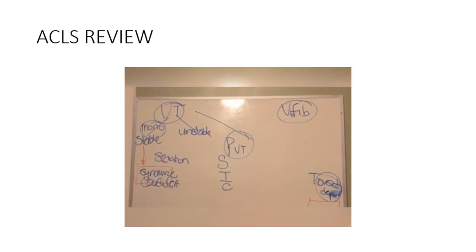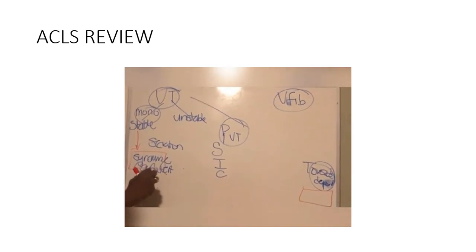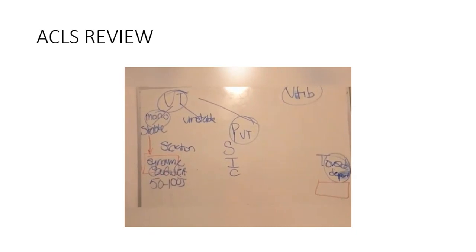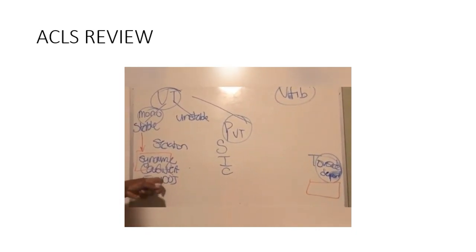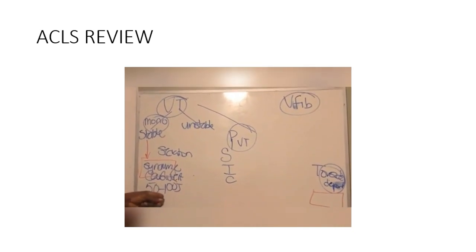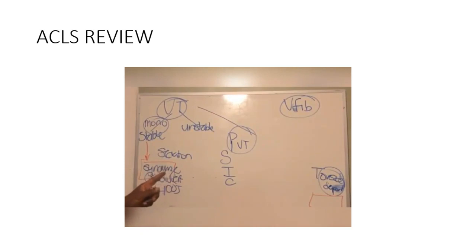You want to give 50 to 100 joules. This synchronized cardioversion is found on your defibrillator. All you have to do is look at the button, switch it over, make sure you're not defibrillating this patient.